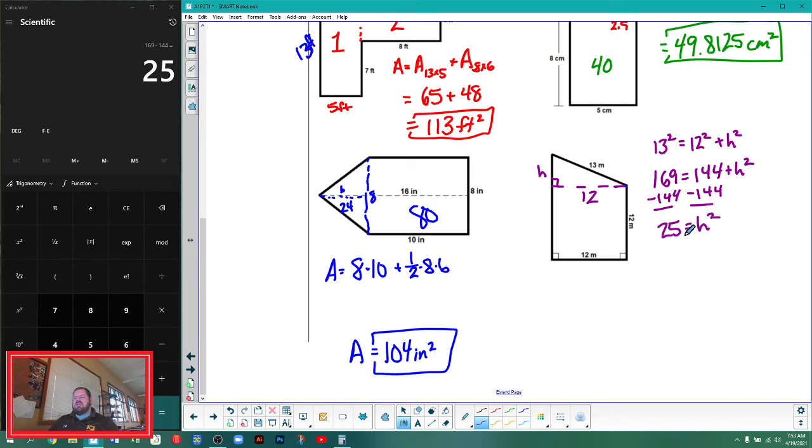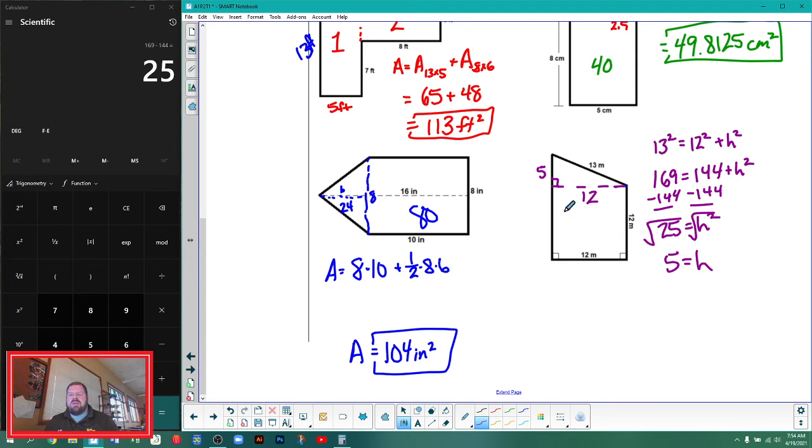And in order to solve this, we have to take the square root of both sides. Square root of 25 is 5. Okay. So that makes this 5.